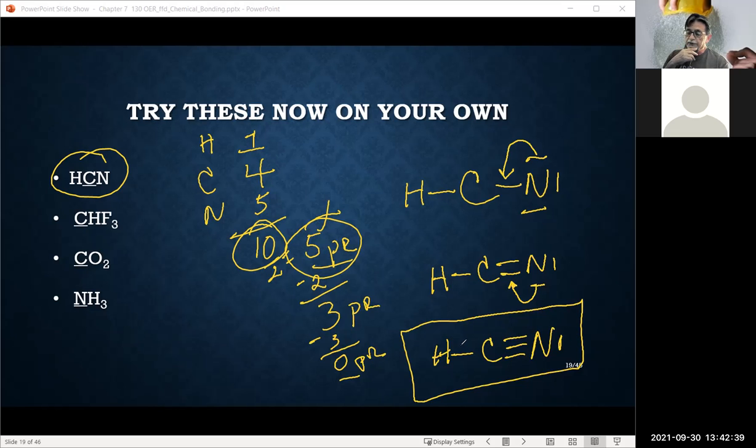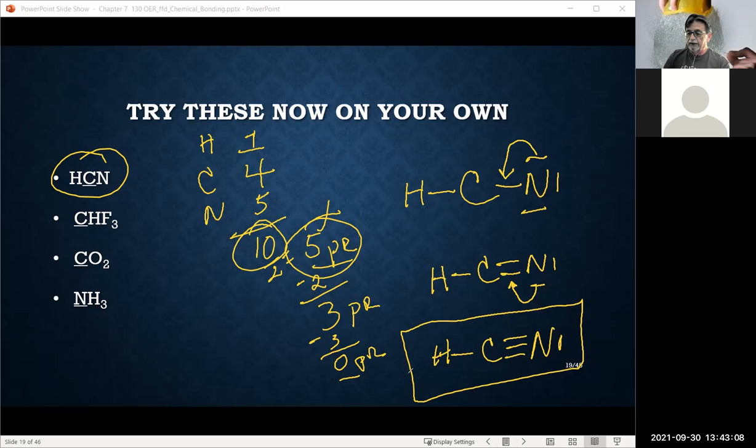And carbon on the other side is sharing 1 pair with the hydrogen, and it has 8 around it. So now everybody's octet rule has been fulfilled by creating double and triple bonds as needed to make sure there's enough electrons around everybody to fulfill the octet. Okay, so that is the formula that we come up with.